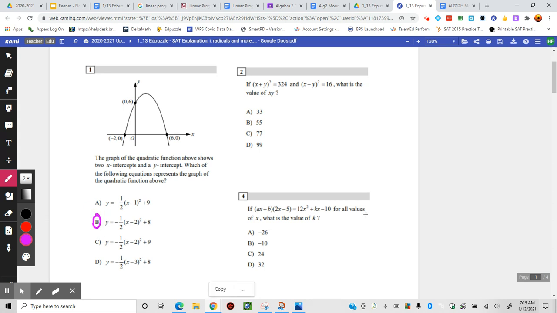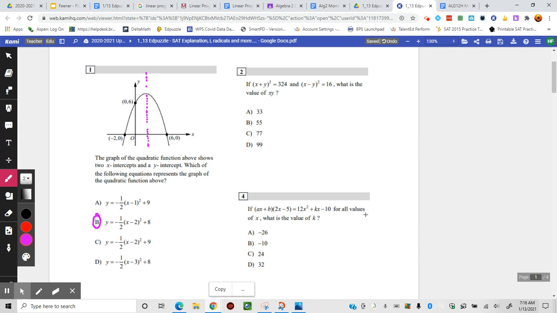Now, there are some things that you need to know. If you know that your intercepts are at 6 and -2, that means you can figure out your axis of symmetry, because it is directly in between those two intercepts.